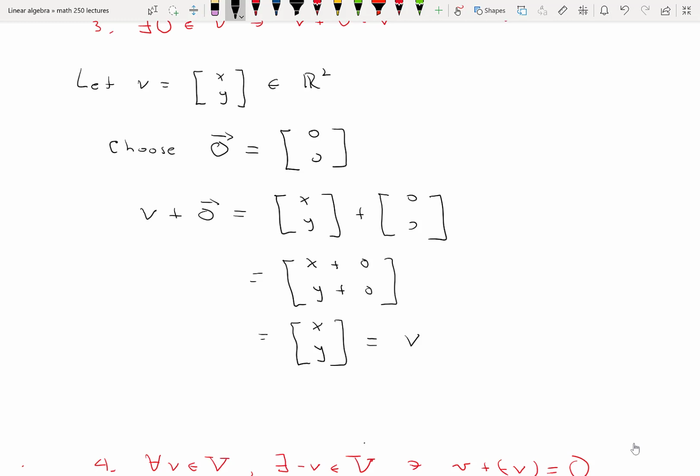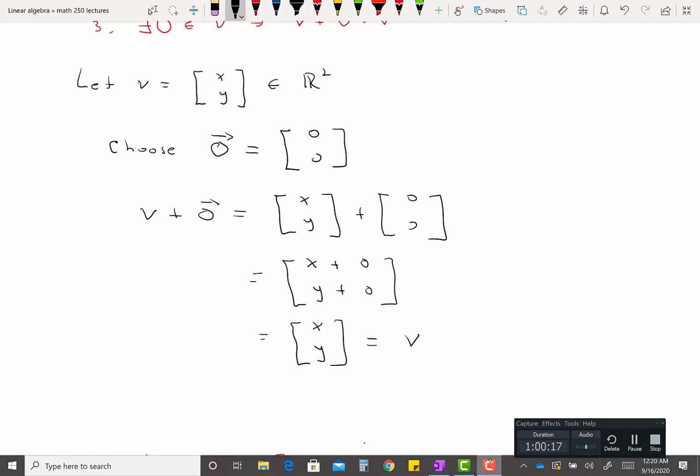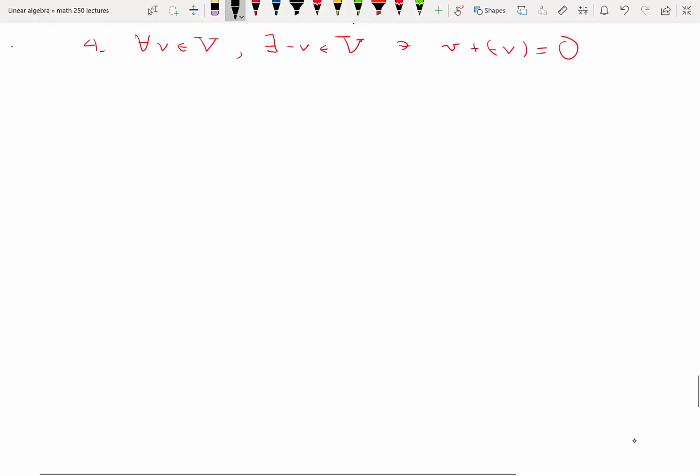Okay, let's move on. Property number 4. Now that I have a zero vector, I need to address the only other property that has a statement of existence of something. There are 2 properties of vector spaces where you have to come up with stuff. You have to come up with a zero vector in number 3.